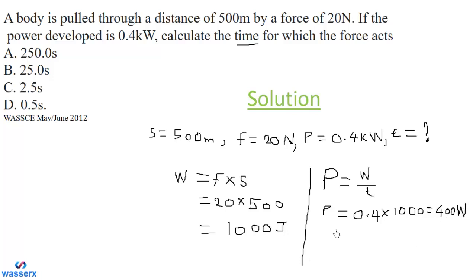Now we know power in watts and work in joules, so we can solve for T. T will be equal to W over P, which is 1000 joules over 400 watts. Simplifying 1000 over 400 gives us 2.5 seconds.